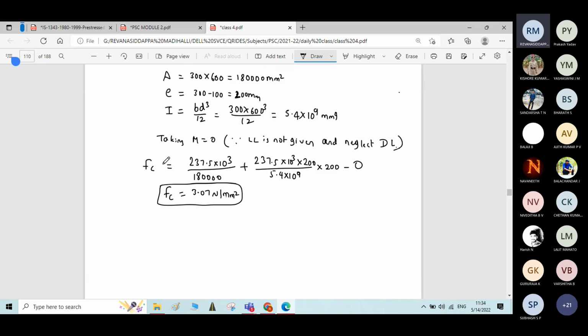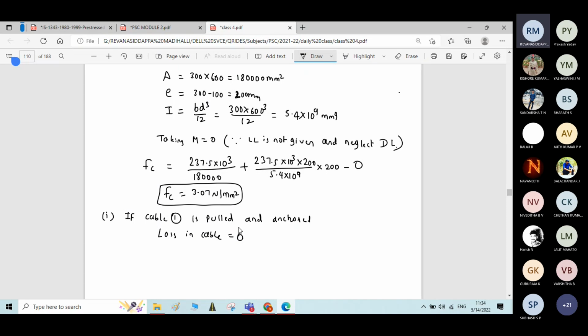Now I will calculate loss in each and every cable separately. First, if cable 1 is pulled and anchored, then loss in cable 1 is 0.